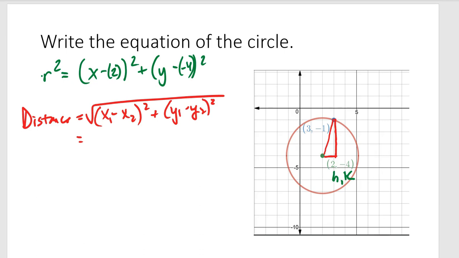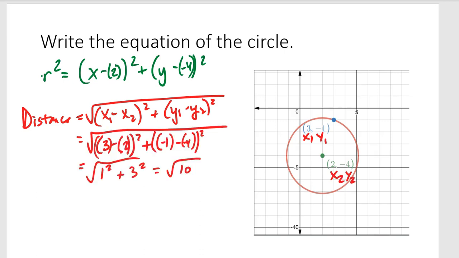But if you're going to use the distance formula, then you're going to want to label your points x and y, and then point 1 and point 2, and fill them into your distance formula. And I get the distance between these 2 points is the square root of 10. Remember, this is what we're looking for, this distance. And this distance is the radius.